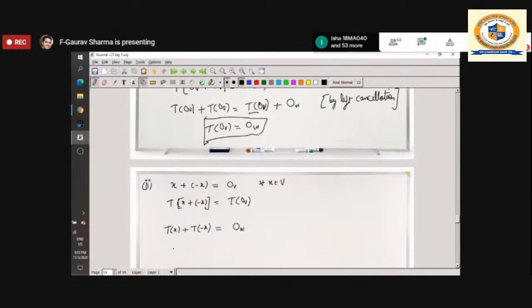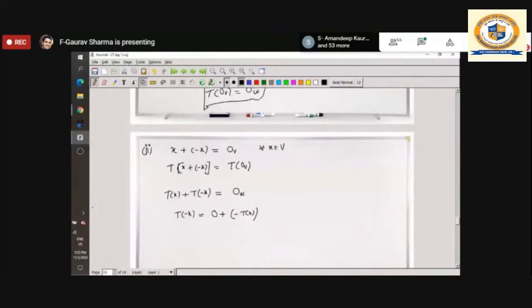Then we will get T of minus x equals 0W plus minus of Tx, which is minus of Tx. So T of minus x equals minus of Tx, and that holds for all x belonging to V.